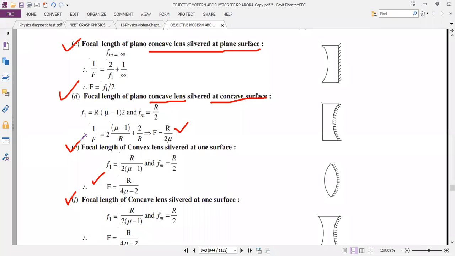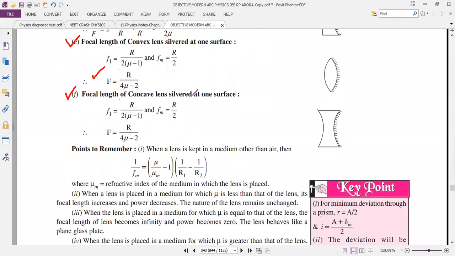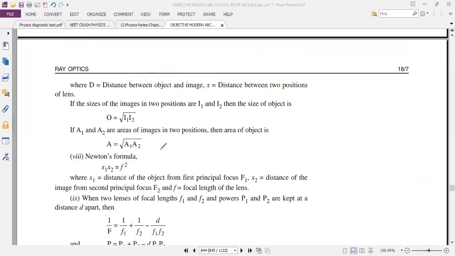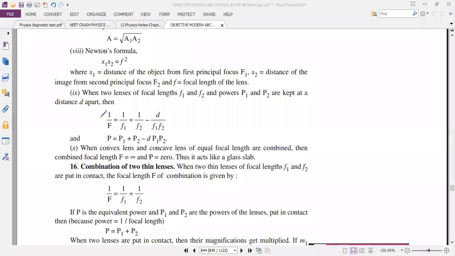Okay, next. This formula is also important. When two lenses of focal lengths f1, f2 and powers p1, p2 are kept at a distance d apart, find the focal length and power of the combination.